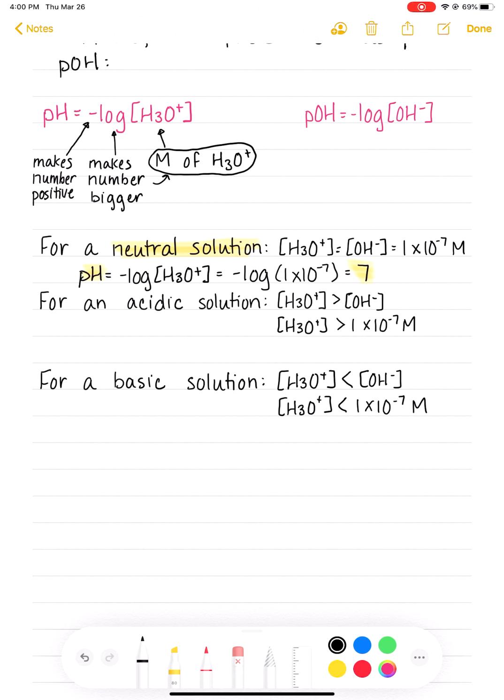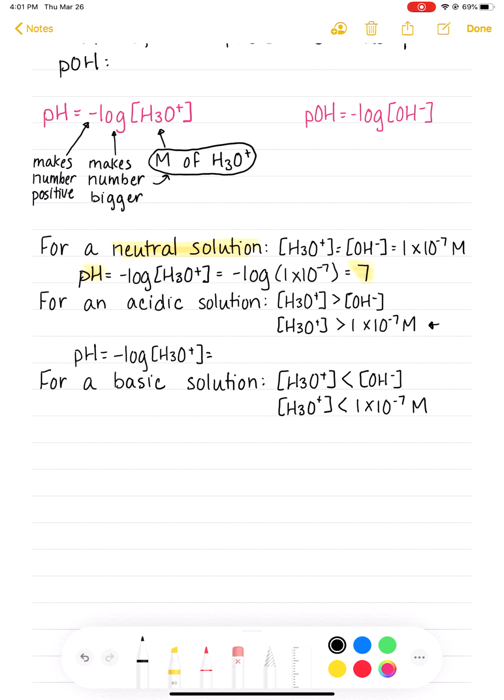Let's do the same type of thing for an acidic solution. If we wanted to calculate the pH of an acidic solution, again, we're going to use negative log of H3O plus, but we need to pick an H3O plus concentration that meets the criteria for being acidic. We need something that is greater than 1 times 10 to the minus 7.